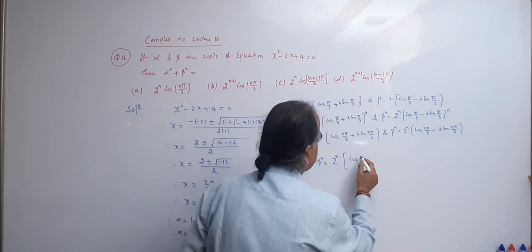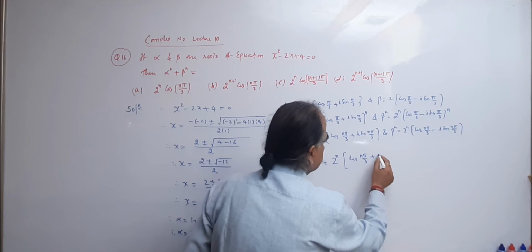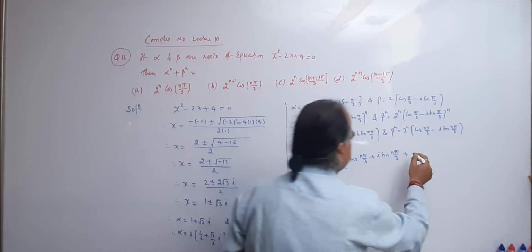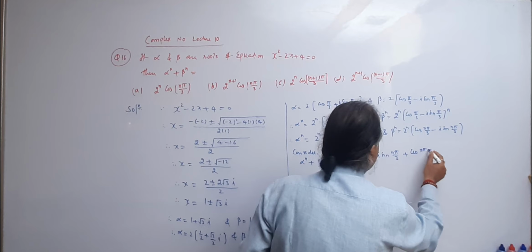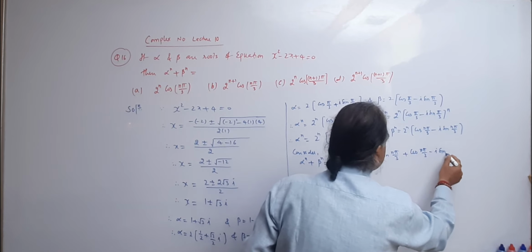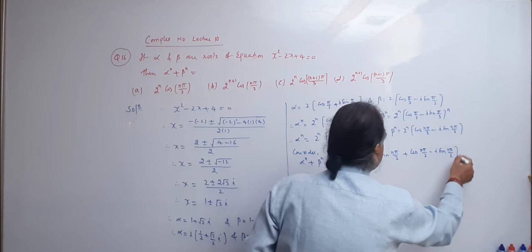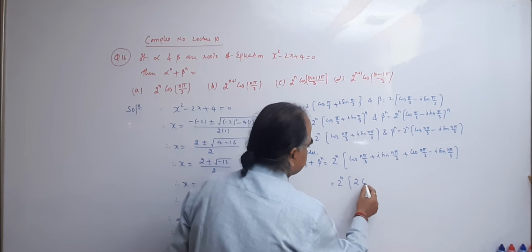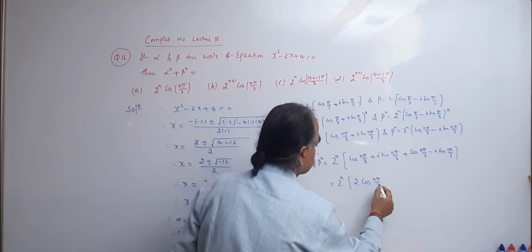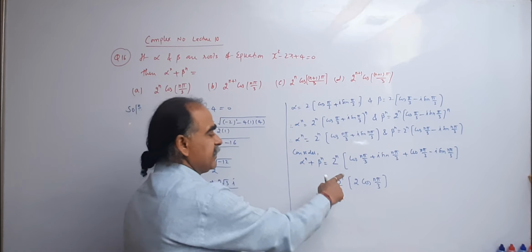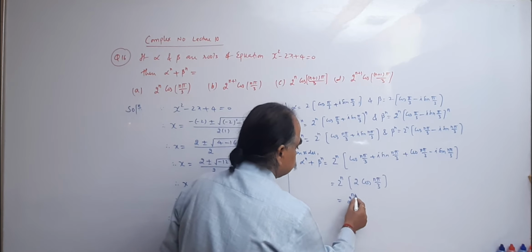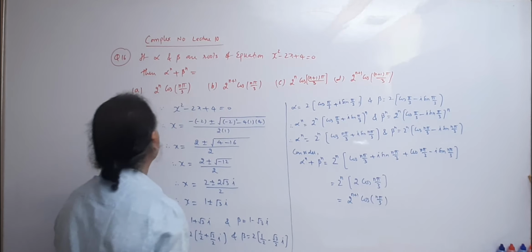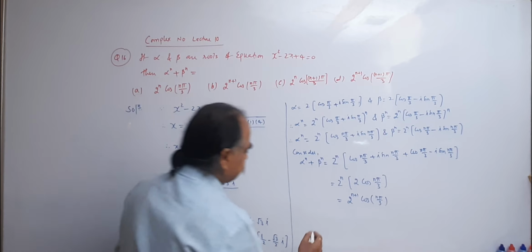So we get cos n pi by 3 plus i sin n pi by 3 plus cos n pi by 3 minus i sin n pi by 3, which is 2 times cos n pi by 3. 2 raised to n into 2 gives 2 raised to n plus 1. So it is 2 raised to n plus 1 cos n pi by 3. The answer is B.